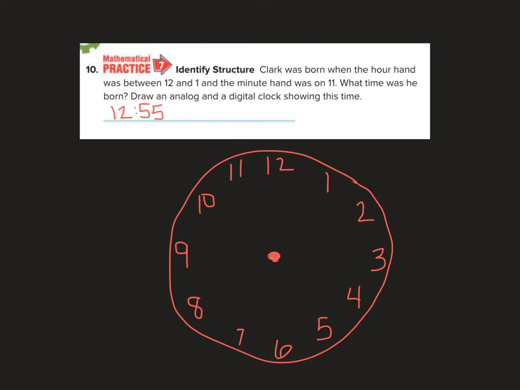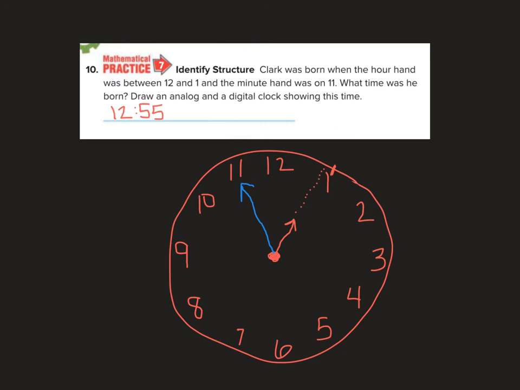So it is 12:55. So that means our short hand is going to be almost touching the 1. So I'm going to put it there because if I count, see, it's real close to that 1 o'clock mark, but it's not yet 1. And 55 means my long hand is going to be pointing to the 11.